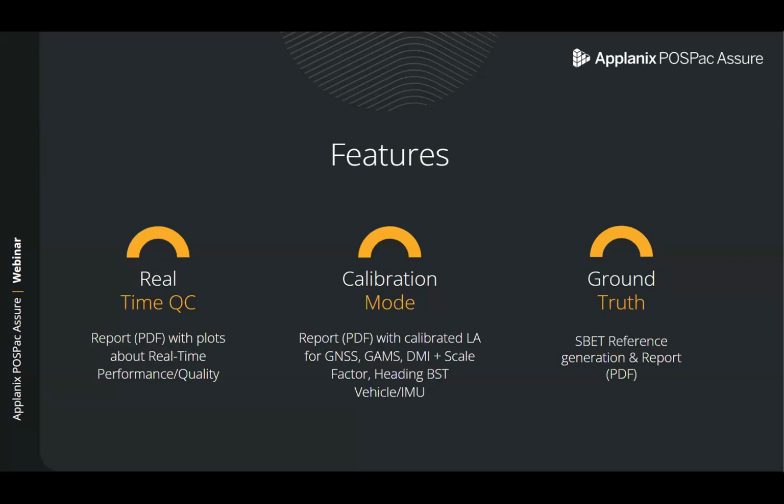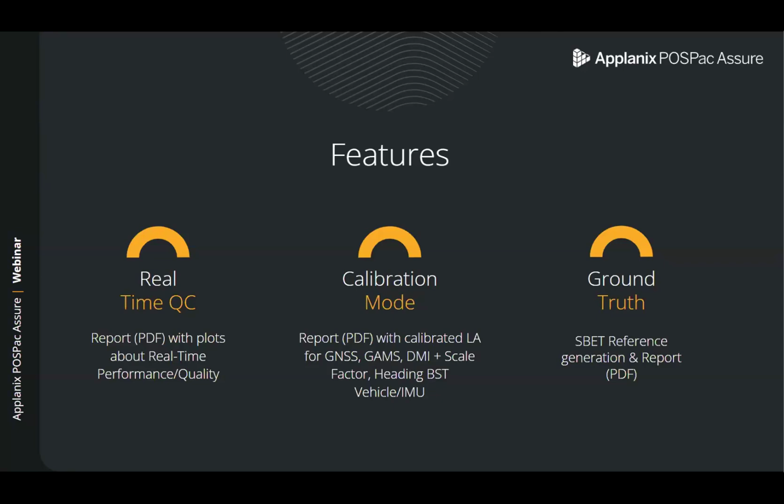of your real-time application. And the second feature that we serve here is called the calibration mode. In case customers want to calibrate their installation parameters, such as the lever arm for the GNSS antenna, the offset vector between both antennas, if you have the GAMS working on your system, or the lever arm to the DMI, which is the odometer attached to the wheel in the land application, plus the scale factor, or for the autonomy industry might be interesting, the heading boresight angle between the vehicle and the inertial measurement unit.